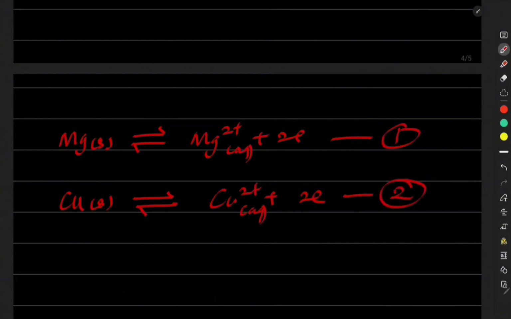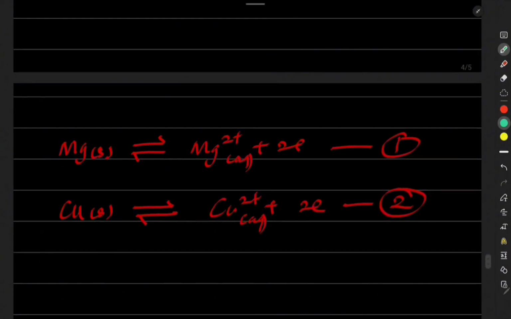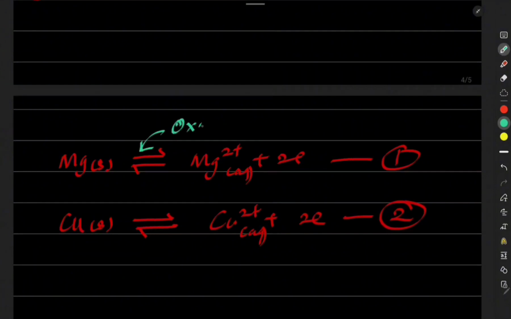Here one metal will undergo reduction and the other metal will undergo oxidation. In this case, the first reaction, the forward reaction, is the oxidation reaction, and the second one is the reduction reaction.